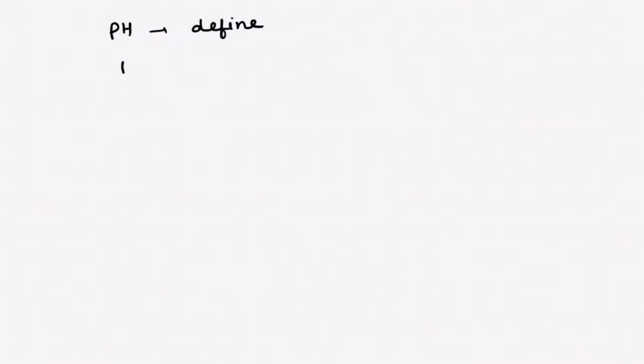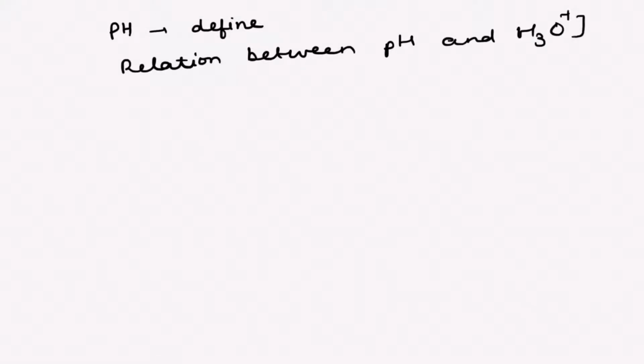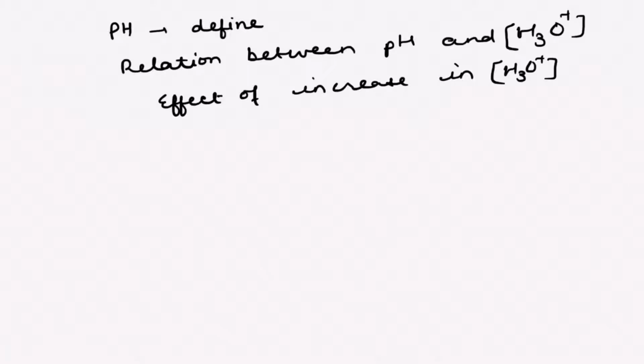Then what's the relationship between pH and hydronium ion concentration, the effect of increase in hydronium ion concentration, and then finally the pH scale. Now let's first of all define pH.